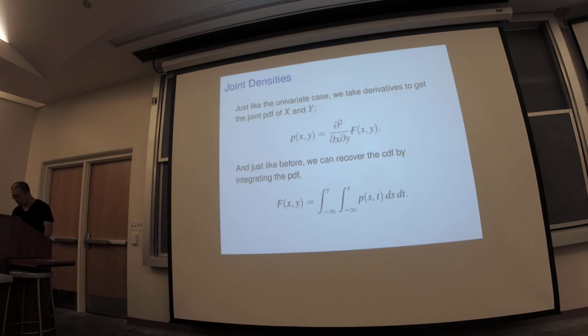Given the joint CDF, the cumulative distribution function, we can define the joint density. The joint density is the partial derivative of the joint CDF over x and over y, so we take the partial derivatives twice.